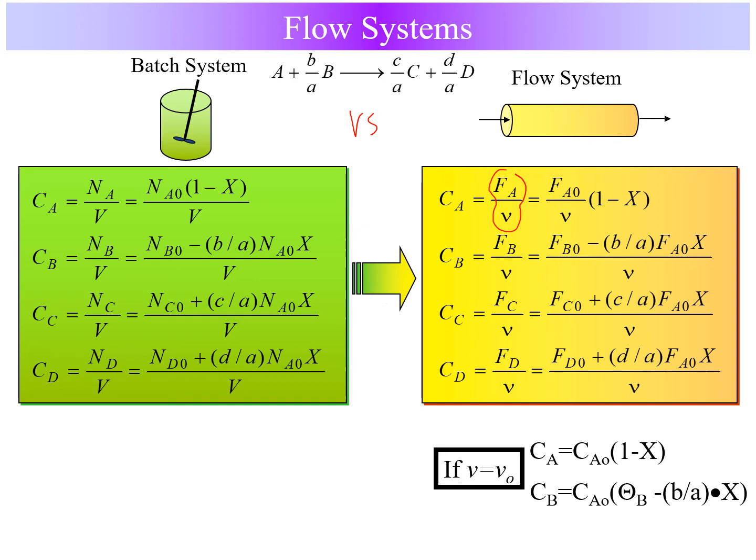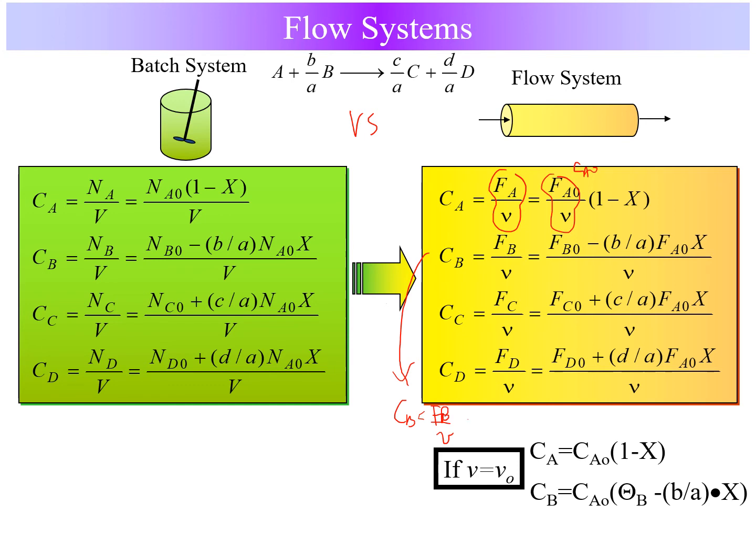From here, what we need to do is convert this into CA naught, same as for the batch system. But if we want to change it, we need to simplify it into theta first. For example, for B here, CB is equal to FB over the volumetric flow rate.